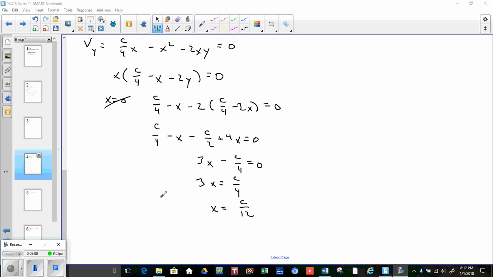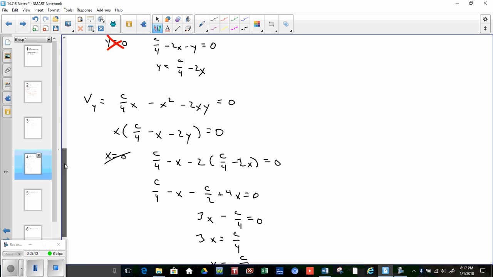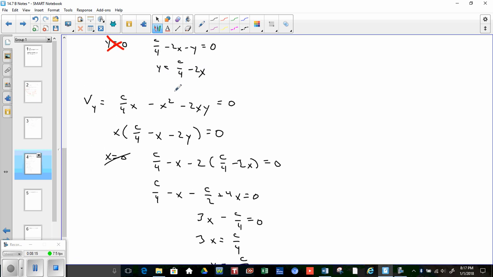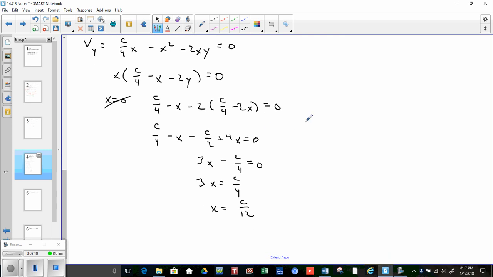And now that we know that x equals c over 12, let's plug it back in right back up here. So y is c over 4 minus 2x. So y is going to be c over 4 minus 2 times c over 12.